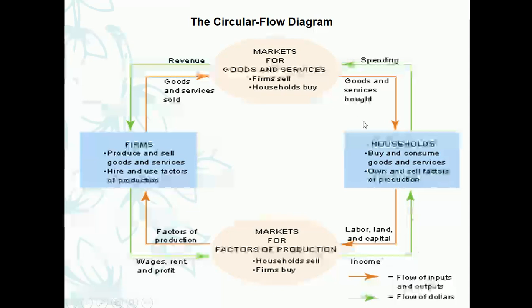And on the second side, households provide land, labor and capital to the markets for factors of production. Markets provide factors of production to the firms where the firms produce and sell those goods and services. Then these goods and services will be sold in markets for goods and services, and from here these goods and services will be bought by households.